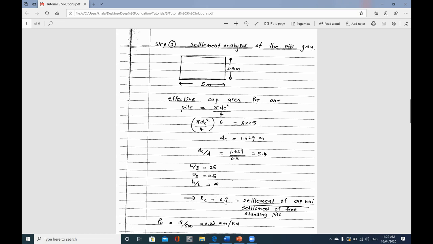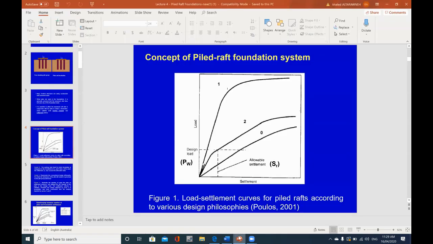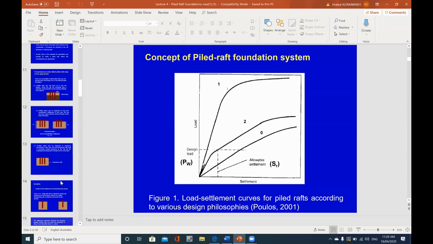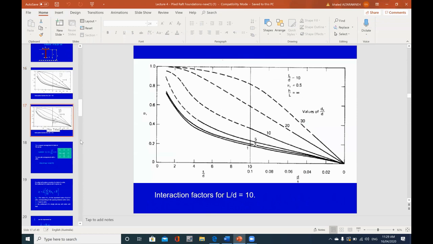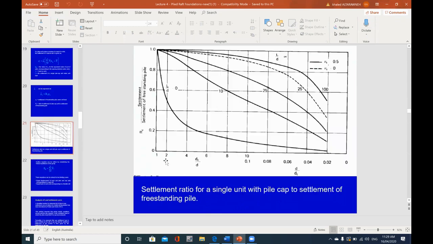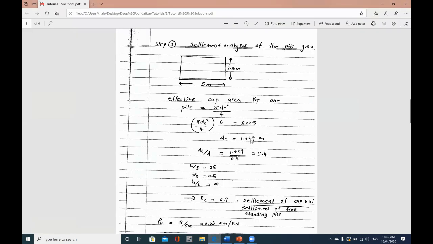So to calculate the RC value, we need obviously to use this chart here, the same as what you have taken in your lecture. It will be this chart, the RC value, and to calculate the RC value we need to find out what's the value of DC over D. We have already calculated the value of DC as 1.629.